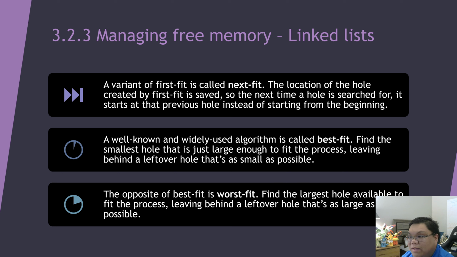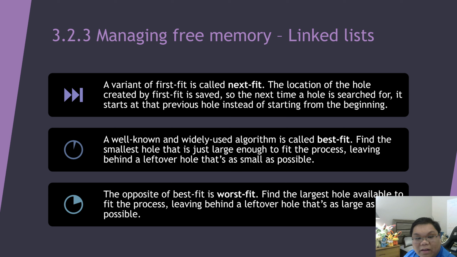Instead of starting over with our list of holes and finding the first hole that fits, we save our position from the last time we searched for a hole and start at that point instead. So the location of the hole found by first fit is saved. The next time we search for a hole, we just start from that previous position, instead of having to start from the very beginning of our list of holes.